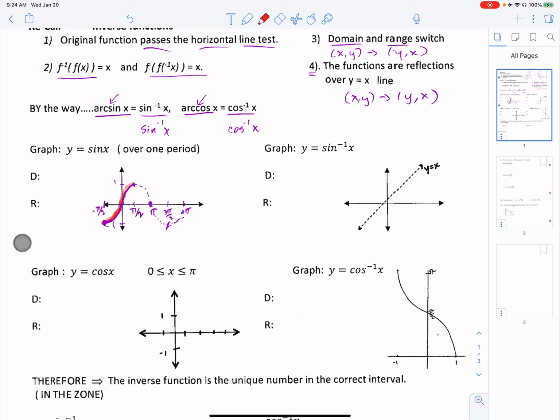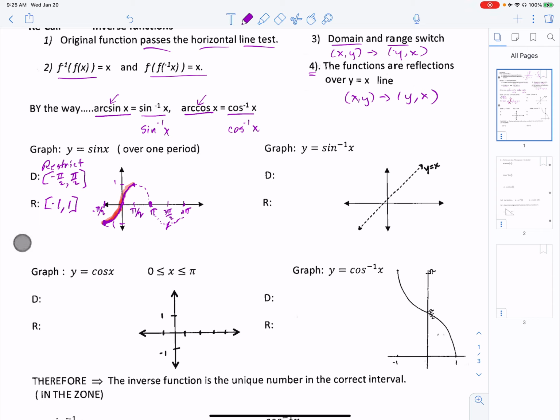We have the entire range from negative 1 to 1, but an interval where it's overall increasing. So we're going to be using quadrant 4 and quadrant 1, and we're going to restrict the domain so that its inverse is a function to negative pi halves to pi halves. And then we get the entire range of sine, negative 1 to 1.